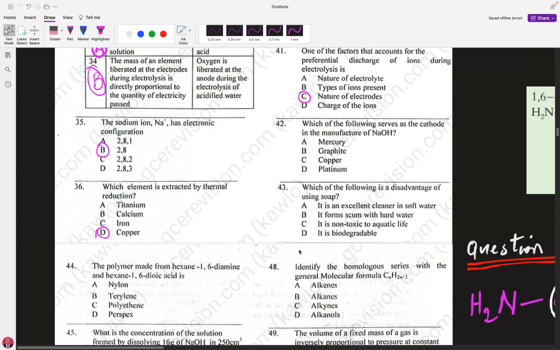We don't use platinum, we don't use copper, we don't use graphite electrode, but we will use the mercury. Mercury is very good in the manufacture of sodium hydroxide. So option A is right.